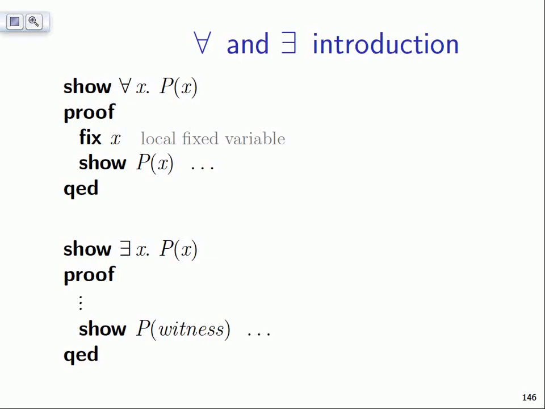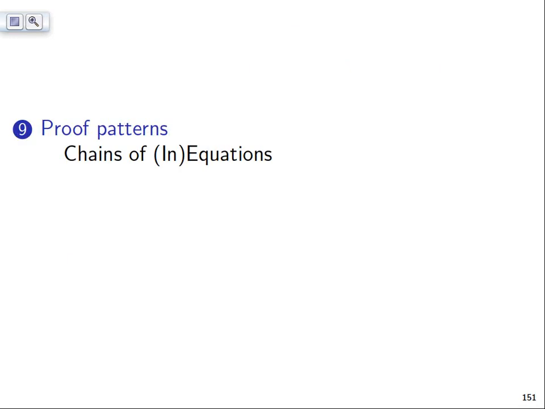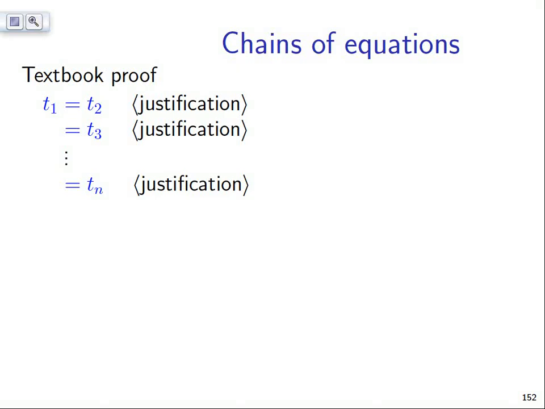Then let's go back to the slides. And for this course, something else is important, not just quantifiers and or, but also equations and inequations. And this is what I want to introduce next, how to write chains of inequations. So this is what textbook proofs typically look like.